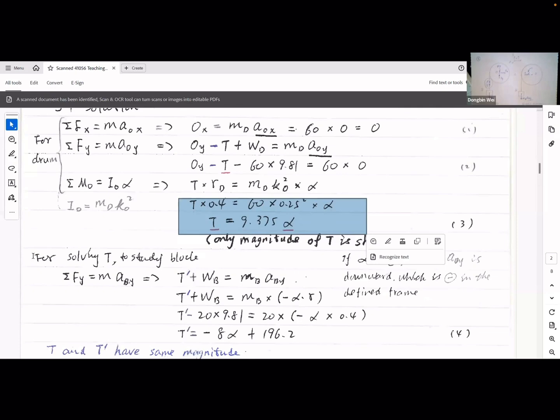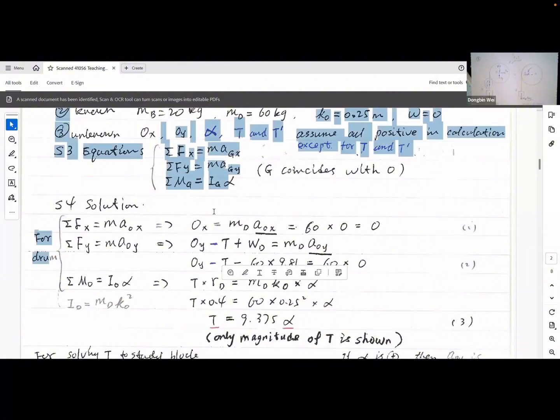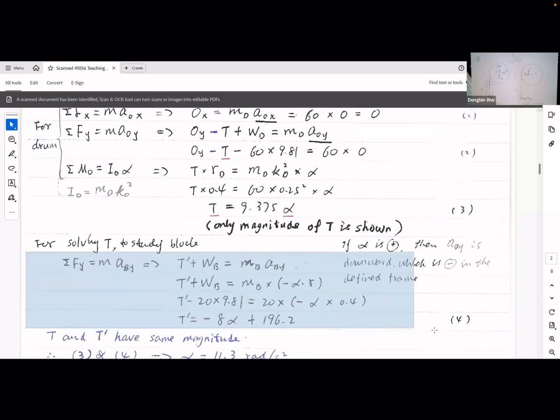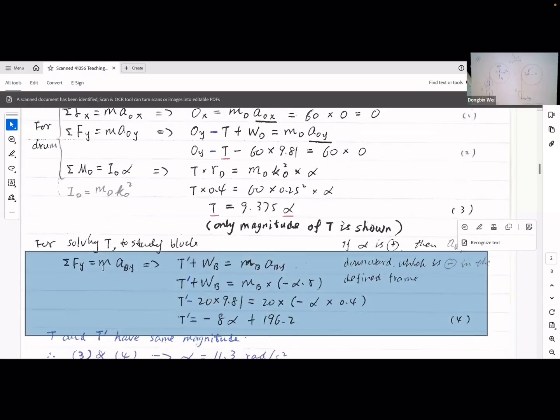Okay, so for this block, we should have 3 equations. But because this block is undergoing rectilinear translation, okay, downward, this means in this case for this block, only 1 equation along the y direction, translating the component along y direction.